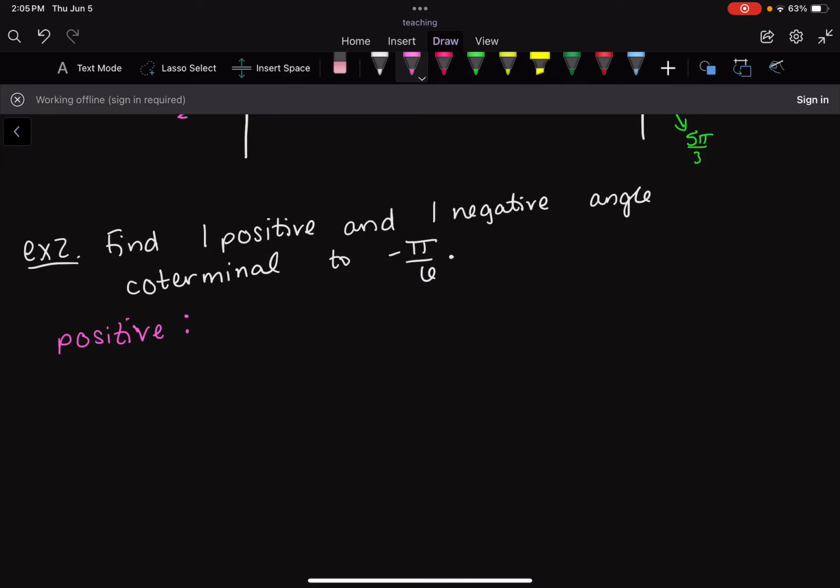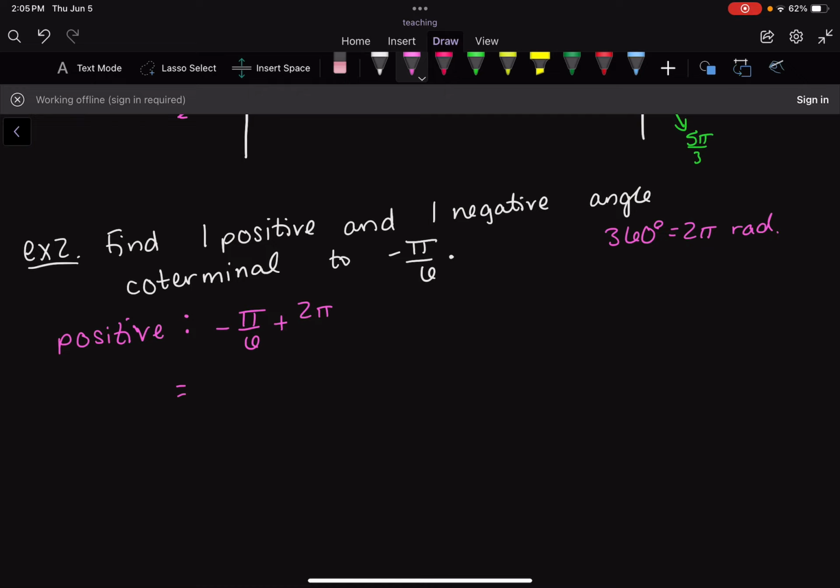I do want you to remember that for our conversion, 360 degrees is the same as 2 pi if we're in radians. So regular coterminal angles, in degrees, which we did last video, I just added 360 to the angle I was dealing with. Now we're just going to add 2 pi since we're in radians. So I have negative pi over 6, and I'm going to add 2 pi.